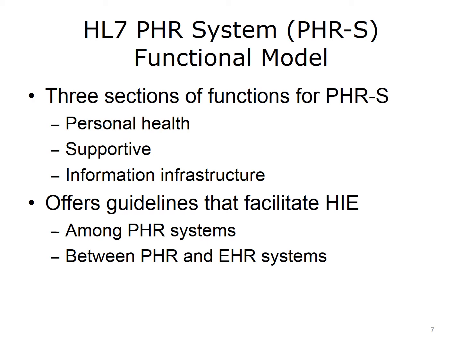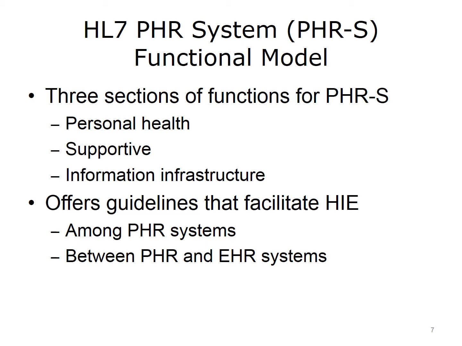According to HL7's website, HL7 is an ANSI-accredited standards developing organization dedicated to providing a comprehensive framework and related standards for the exchange, integration, sharing, and retrieval of electronic health information that supports clinical practice and the management, delivery, and evaluation of health services.